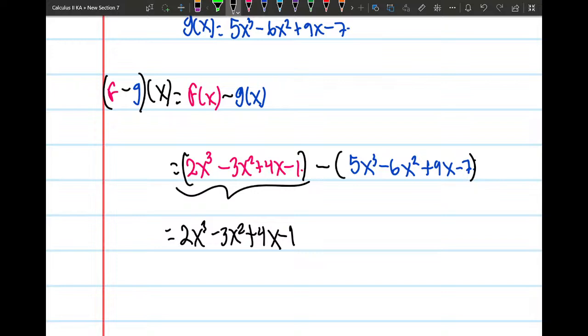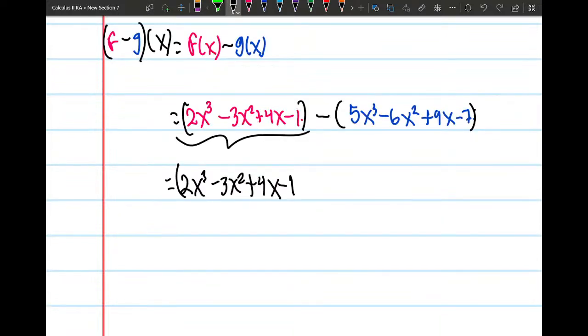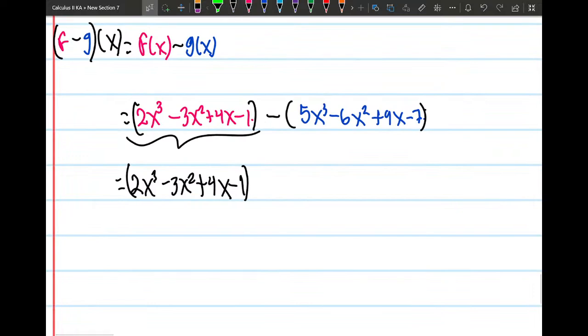And then from here, we can distribute the negative in here.